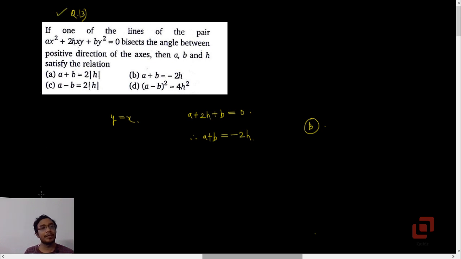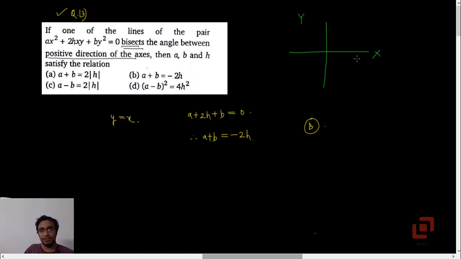Question number 13. If one of the lines of the pair ax squared plus 2hxy plus by squared equal to 0 bisects the angle between the positive direction of the axis, then a, b and h satisfy the relation. So suppose these are our x and y axis, and one of the lines bisects the angle between positive direction of the axis.